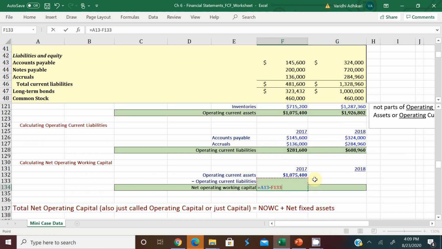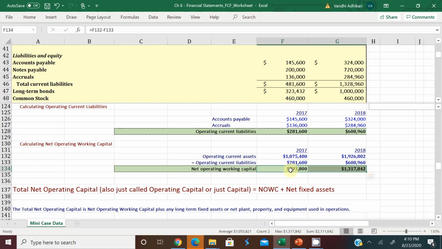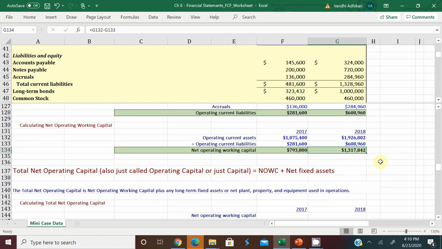That minus that is net operating working capital. Okay, and for 2018 you can drag them across. So after considering the current liability, this is the net amount of current assets this company needed to hold in 2017. This is the net current assets this company needed to hold in 2018.